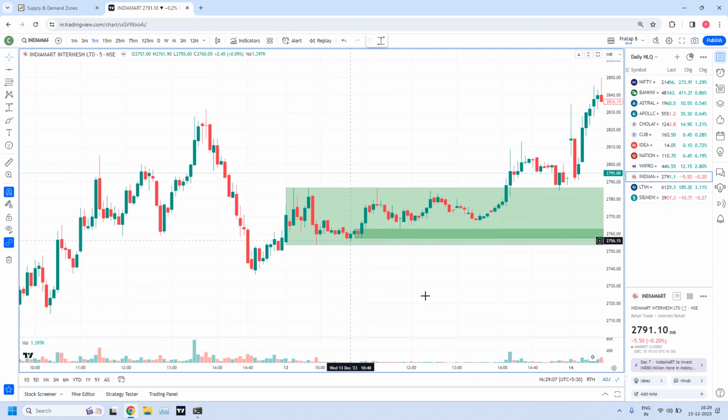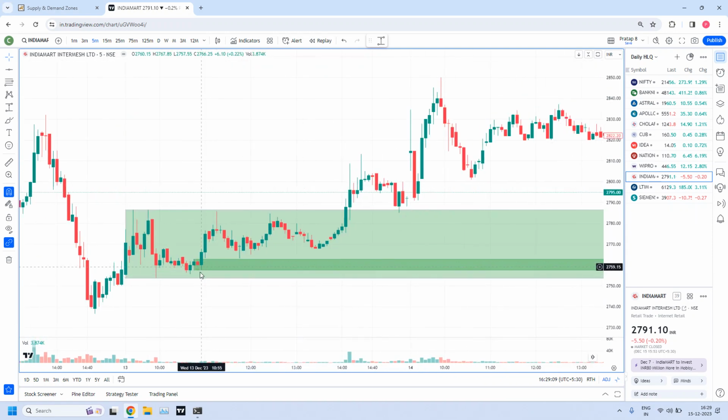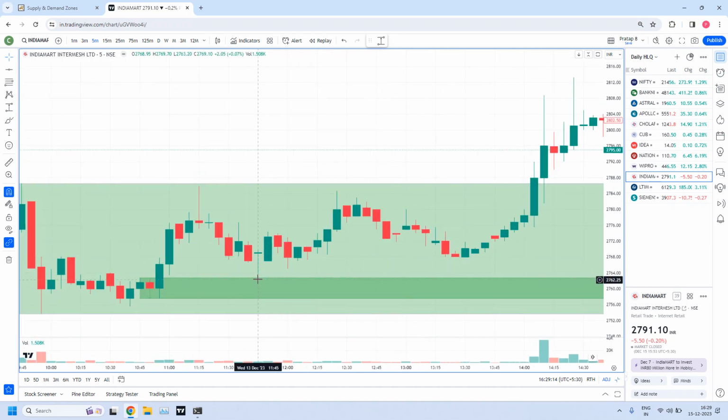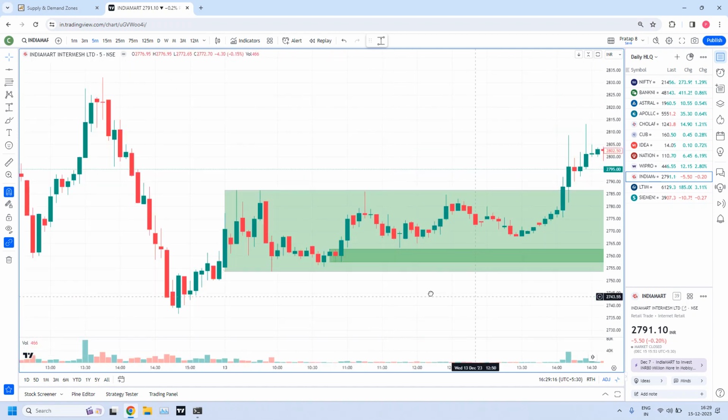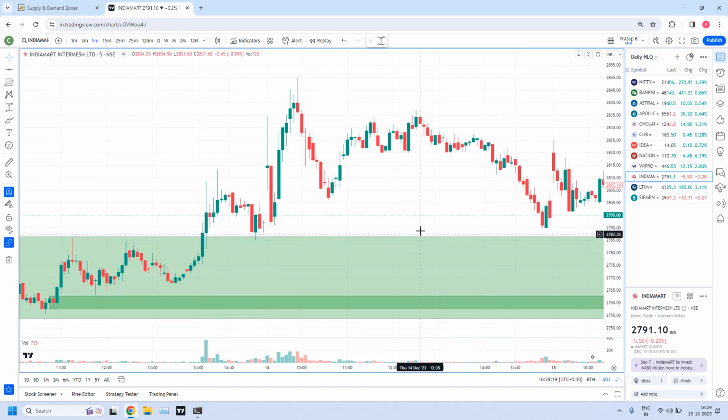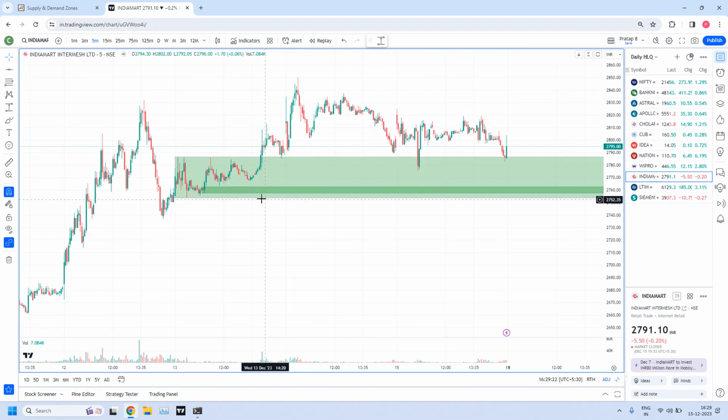This is the 5 minute zone, and it is a fresh zone. And this is just a rejection before this zone. That means there is heavy order flow in this area. Prices haven't entered yet to reach into this area, and today also prices did not enter. That way we didn't get the trade.